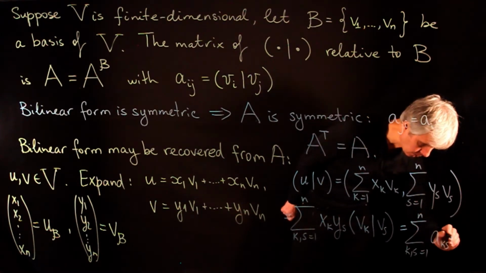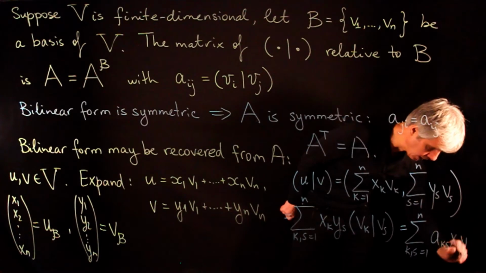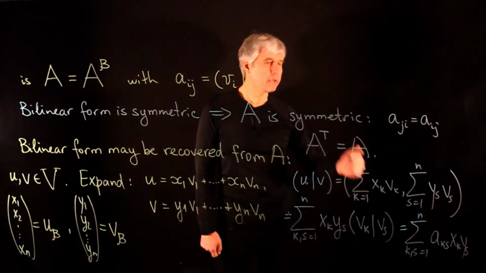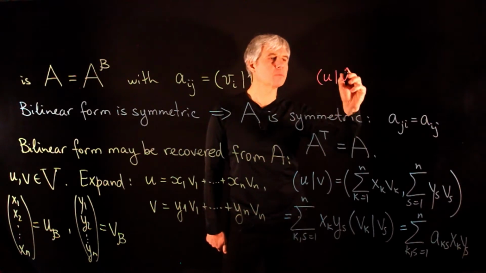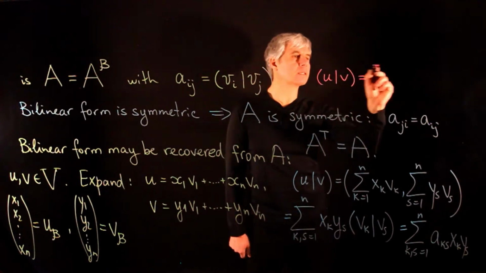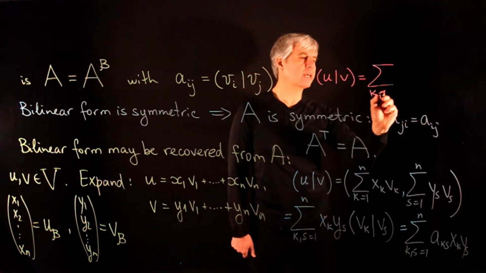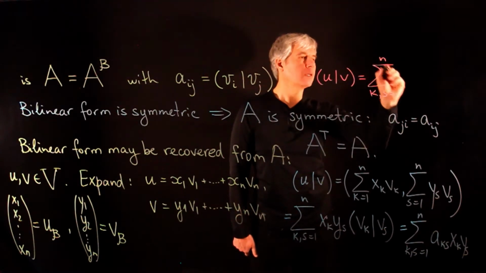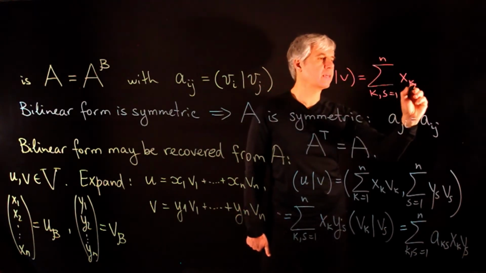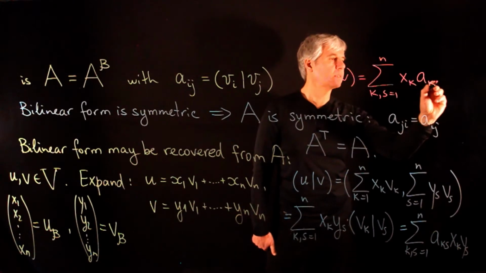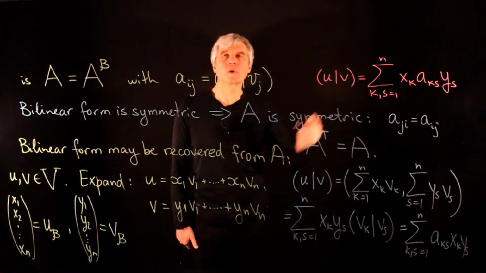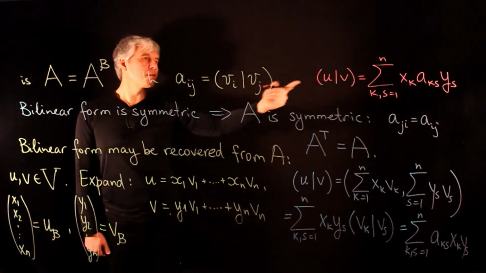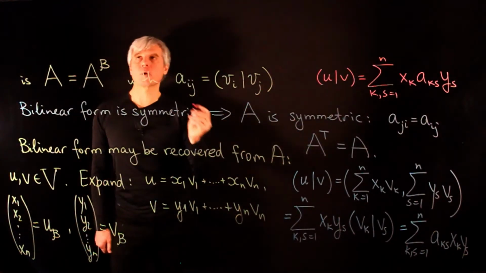of a_ks times xk ys. If we rewrite this formula as the scalar product of u with v is the sum over k, s from 1 to n, and we write it as xk a_ks ys, then this form shows that we can rewrite this using the matrix product.